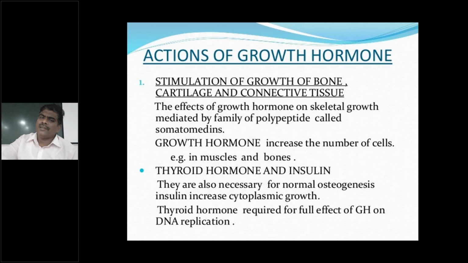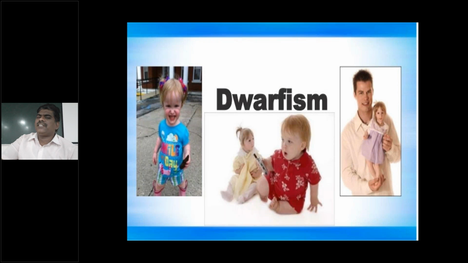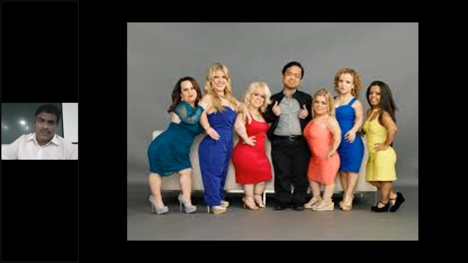And at the same time, you'll come to know that growth hormone by itself won't work. It requires additional hormones like thyroid hormone and insulin. Both are required, and any deficiency in secretion of growth hormone leads to dwarfism. So see this one, dwarfism.